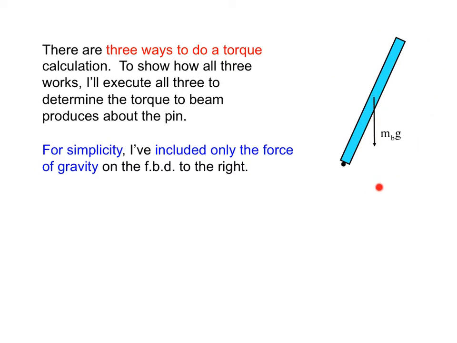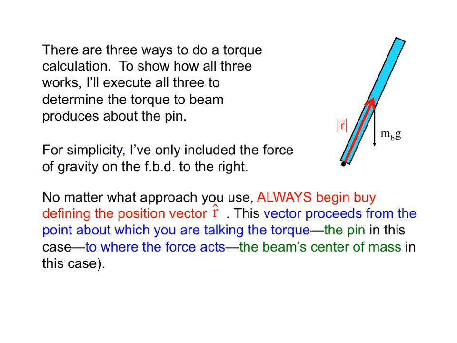Here I've shown a free body diagram minus all the forces except gravity just to make it easy to see what's going on. So it doesn't matter which of the approaches that you use. The first thing you're going to have to do is to define a position vector that is going to proceed from the point about which you take the torque, in this case the pin, to where the force acts, which in this case is going to be the center of mass of the beam.